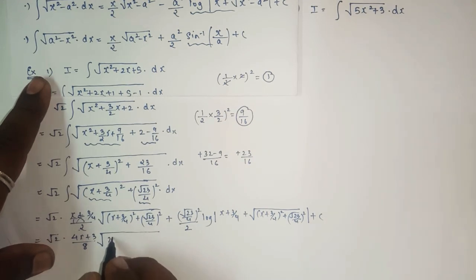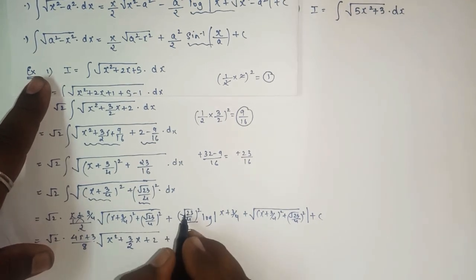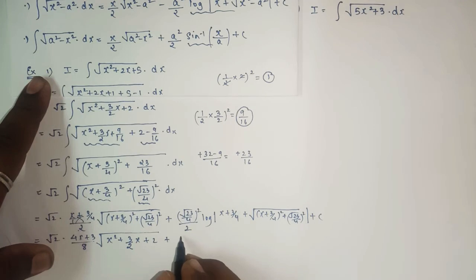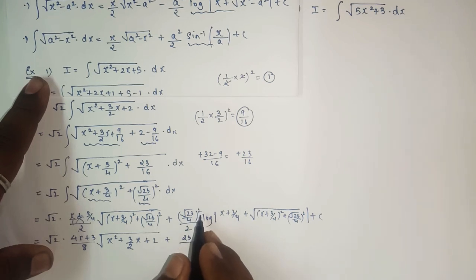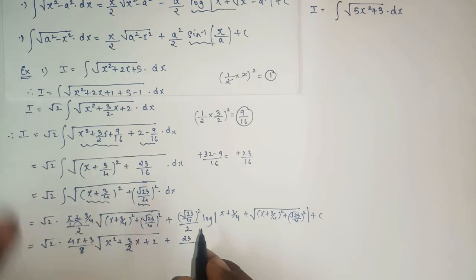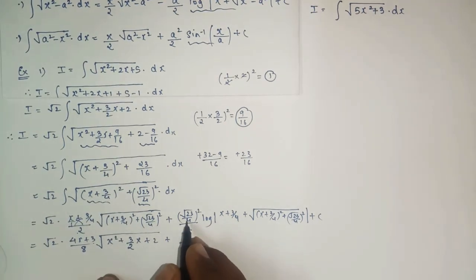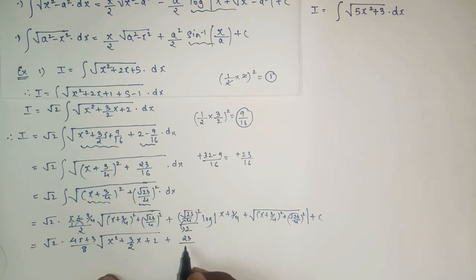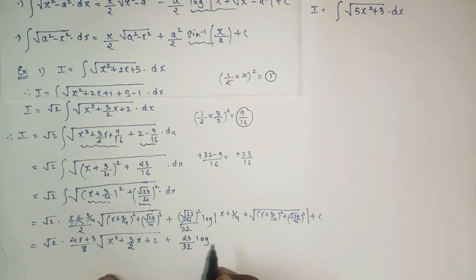So here you will get x square plus 3 upon 2 x plus 2 plus root 2, 3 square, it will be what? 4 square, it is 16, yes or no? 4 square, it is 16, and 16 will go down, so it will multiply with 2, so this will be 32 log.